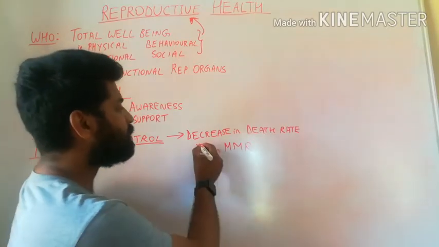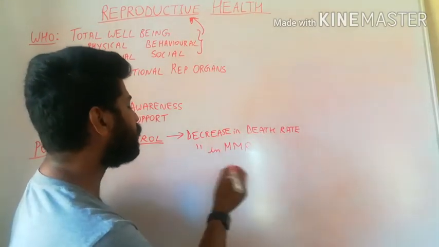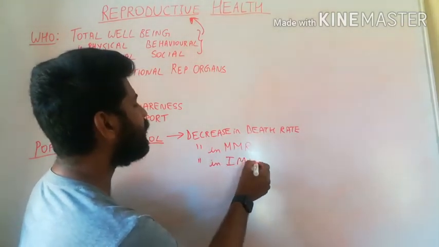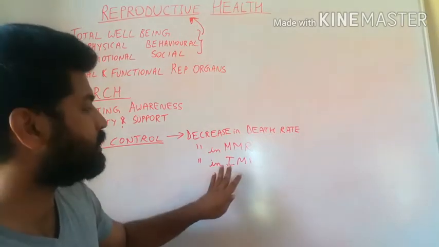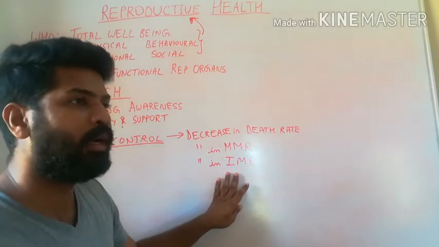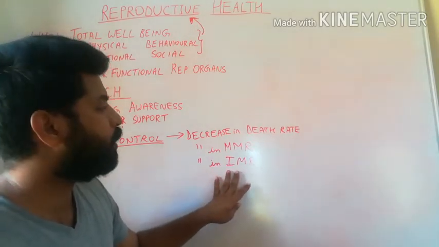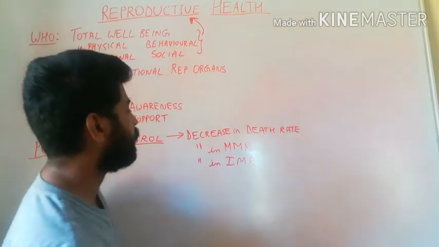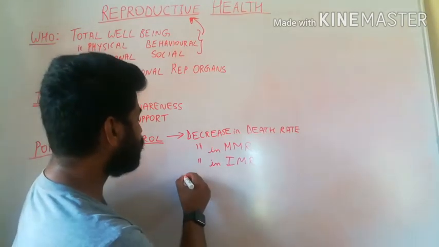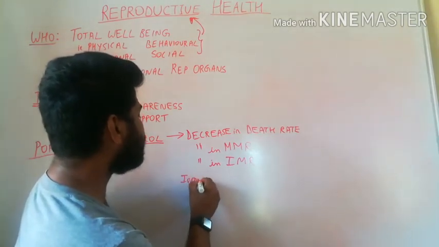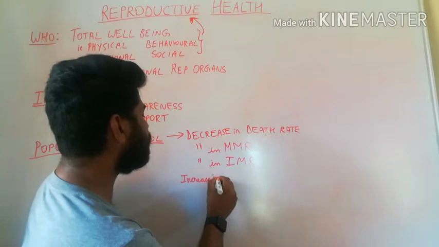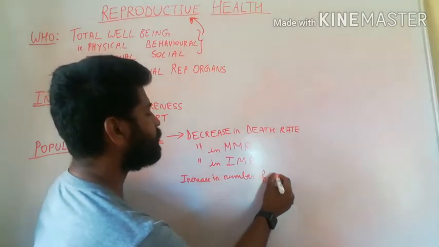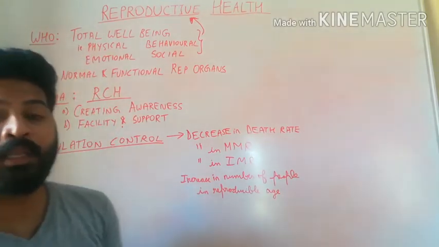So that's what is called maternal mortality rate, death of the mother. Also there is a decline in infant mortality rate due to better medical facilities. So in olden days, the infant mortality rate, death of the child, was very high, and also there has been an increase in the number of people in the reproducible age.